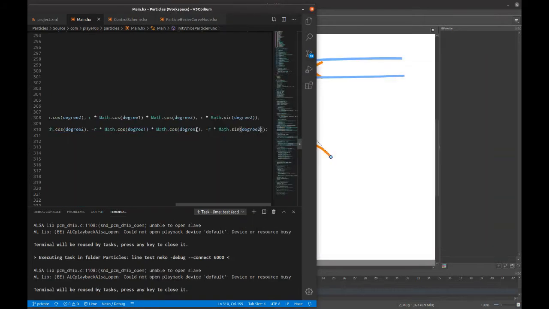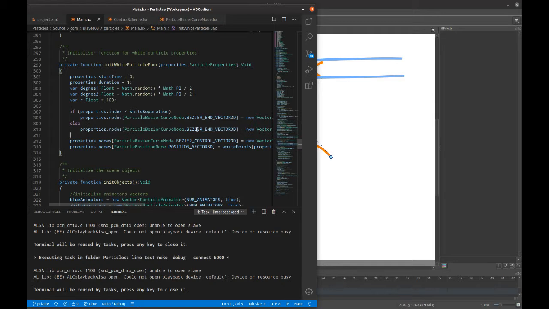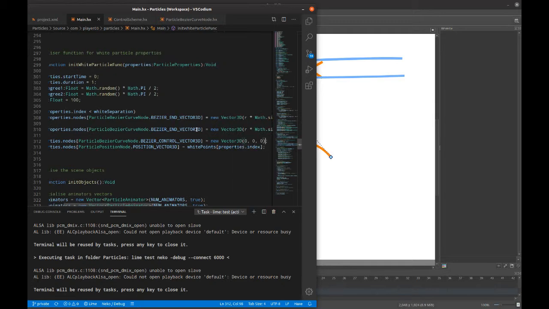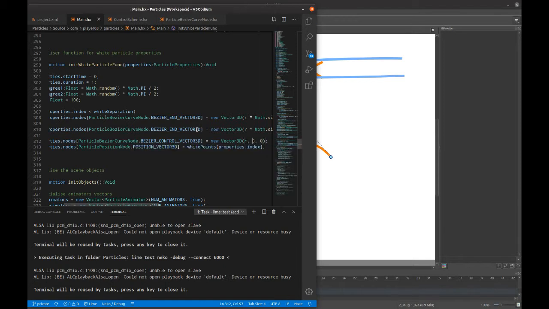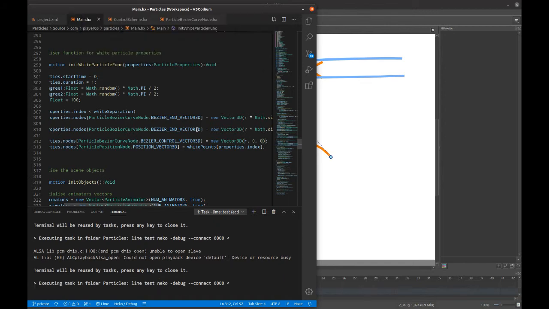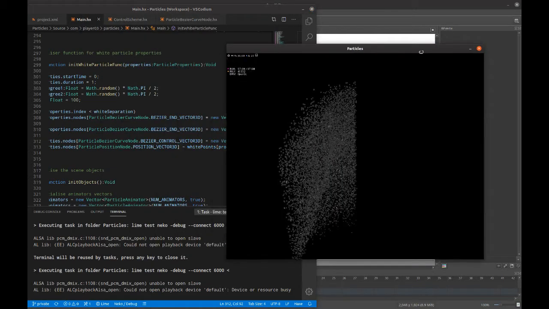Yeah, I'm going to make them go the same direction. And we're going to give them a bit of a curve, but we're going to give them all the same.